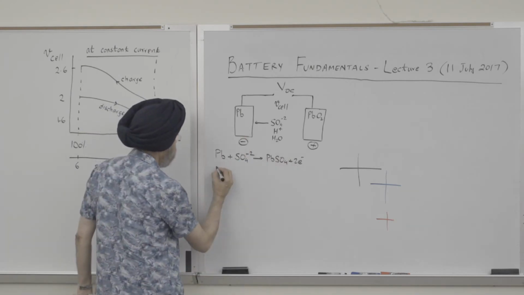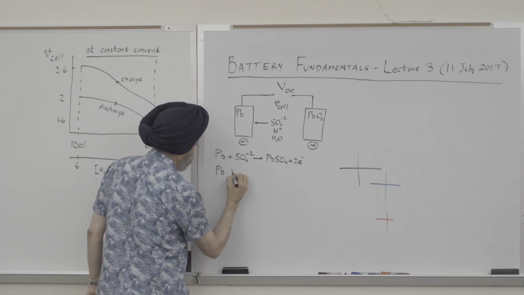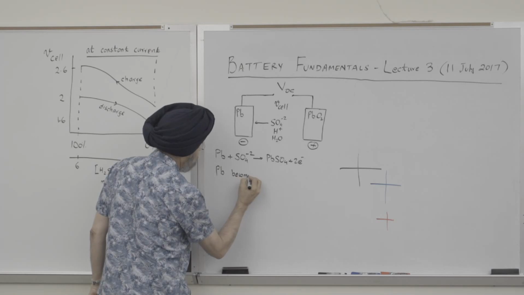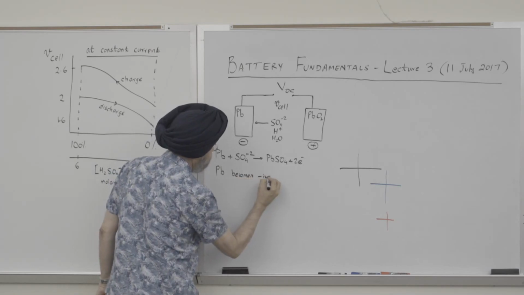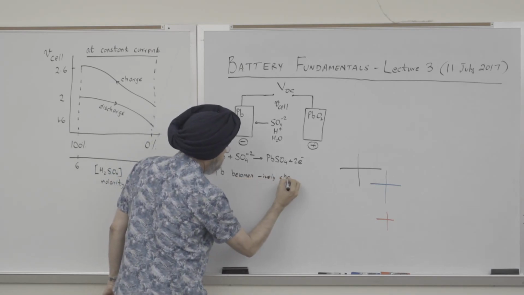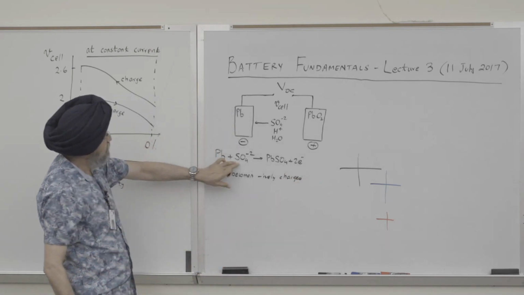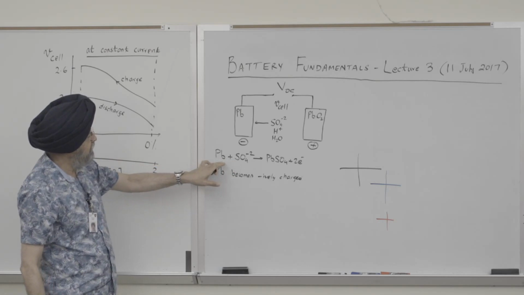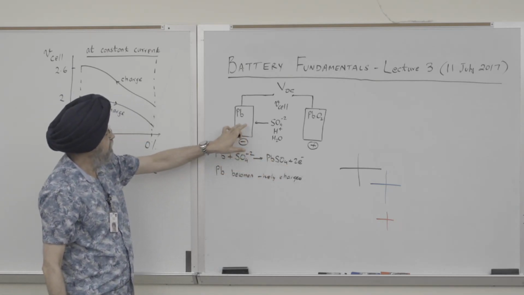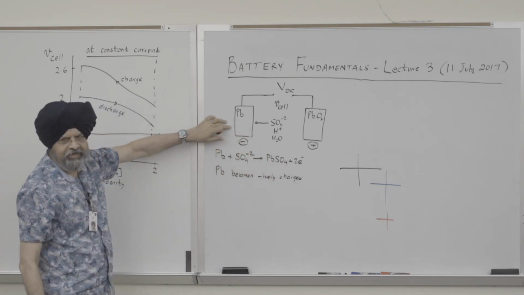So notice that as the reaction proceeds, you create more electrons. So the lead becomes negatively charged because of this reaction, the sulfate ions combining with lead giving you electrons. So this becomes negative.